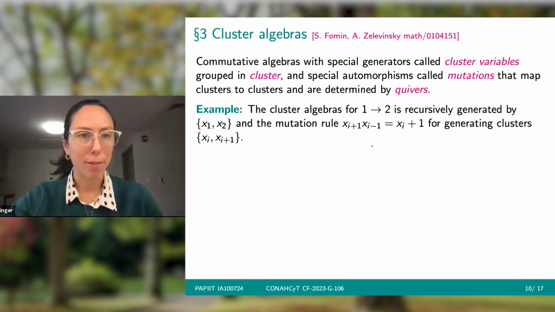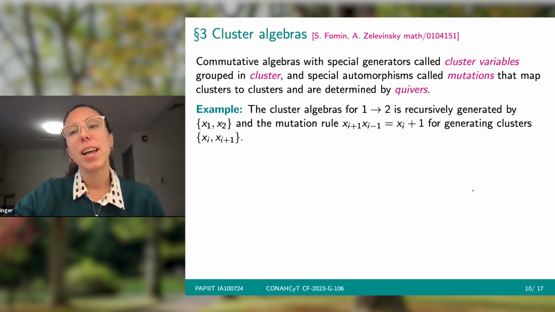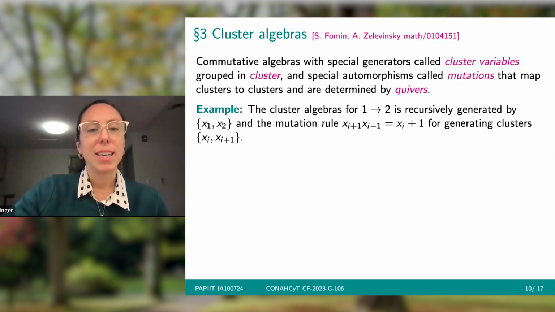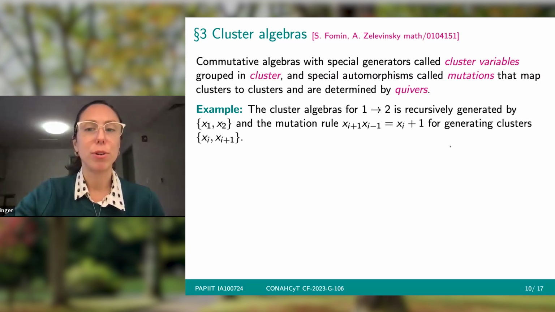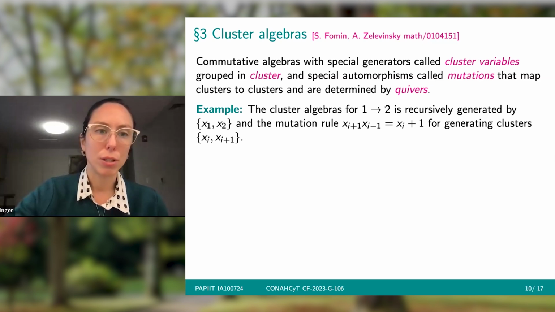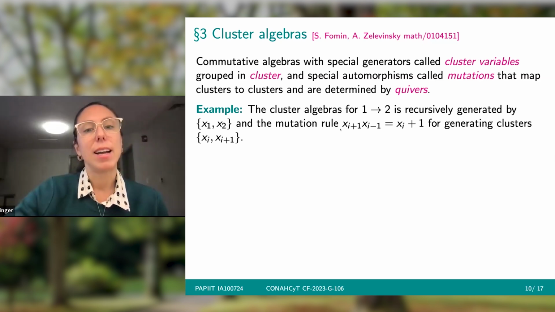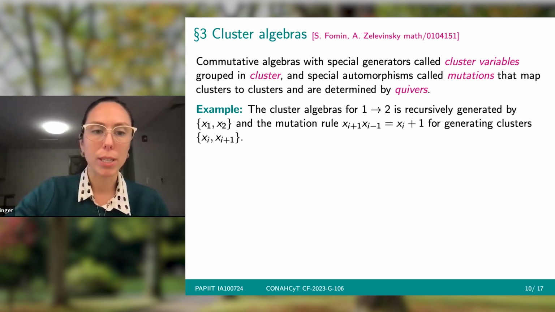And this is everyone's first example of cluster algebras. So the quiver I would have here just has two vertices and one arrow, it's an A2 quiver. And the mutation rule can be written in the following form. So for my cluster algebra, I would start with a tuple x1, x2 of variables that I associate to the vertices of my quiver. And I have this recursive rule of how to generate new clusters from old ones.